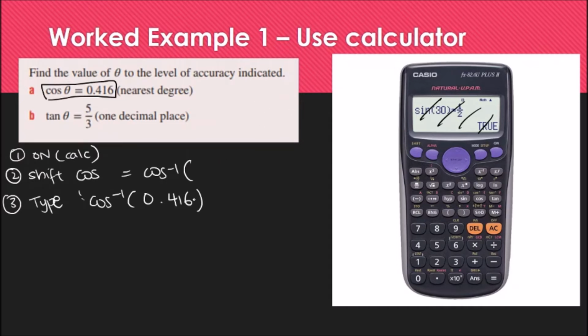Sometimes if you're in the speed of the moment, you don't need to necessarily close the bracket. It will still give you an answer. So my answer was 65.41769296. But see how the question says to the nearest degree up the top here? Nearest degree. So then you need to read the question.